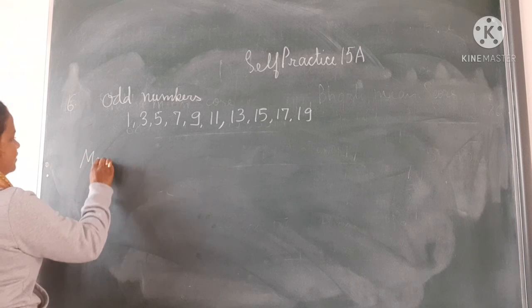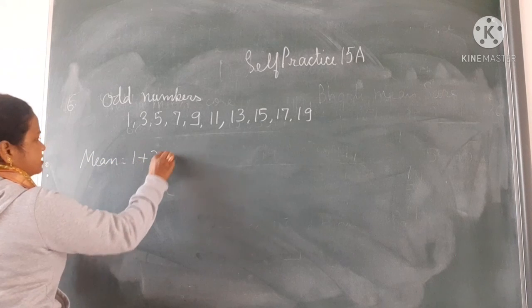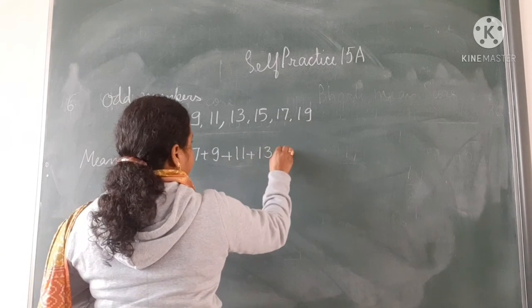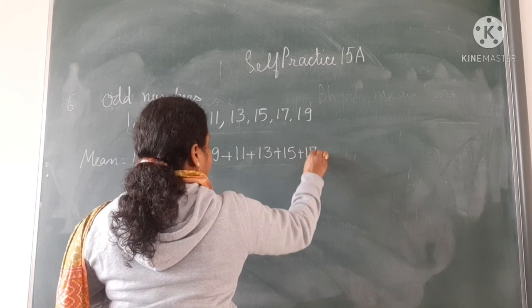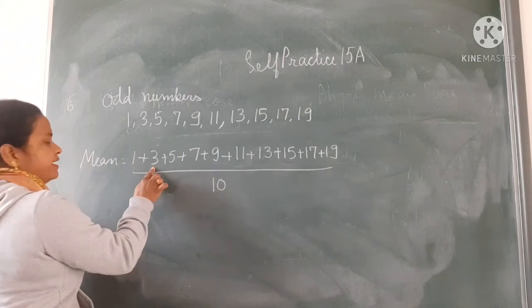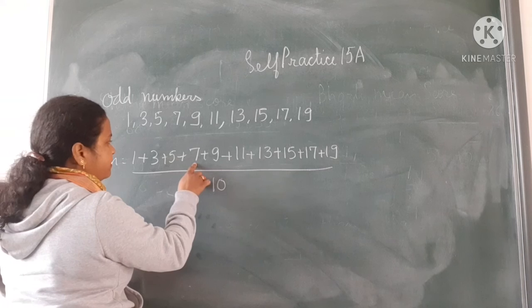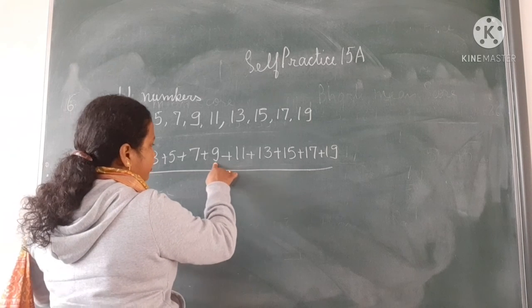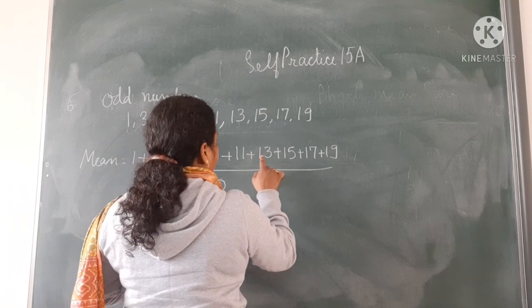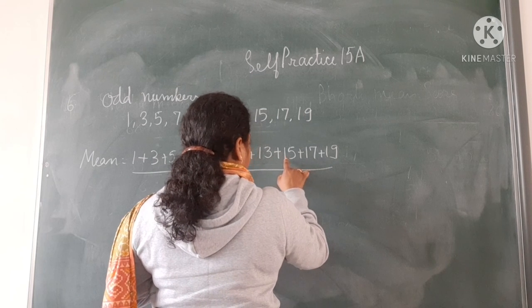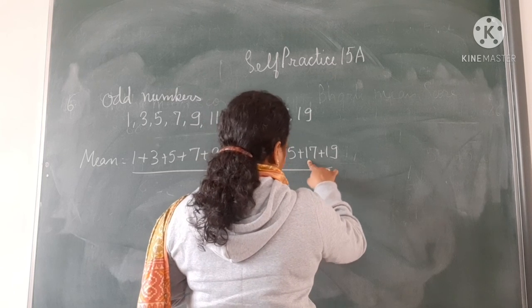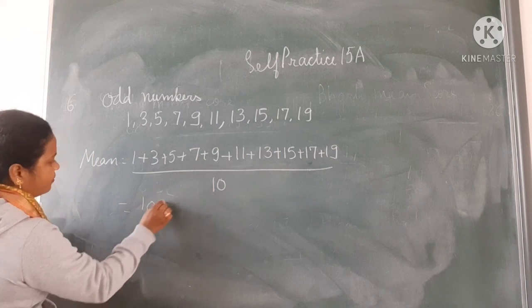Now what will be the mean of this? 1 plus 3 plus 5 plus 7 plus 9 plus 11 plus 13 plus 15 plus 17 plus 19 and it should be divided by 10. 3 plus 1 is 4, 5 plus 4 is 9, 9 plus 7 is 16, 16 plus 9 is 25, 25 plus 11 is 36, 49, 64, 64, 74, 81, 90, 100, which is 100 upon 10.